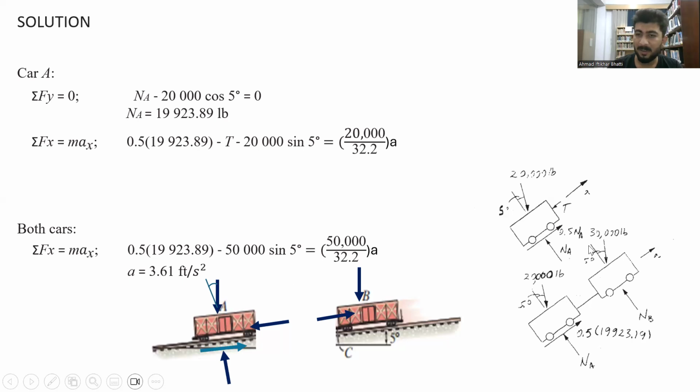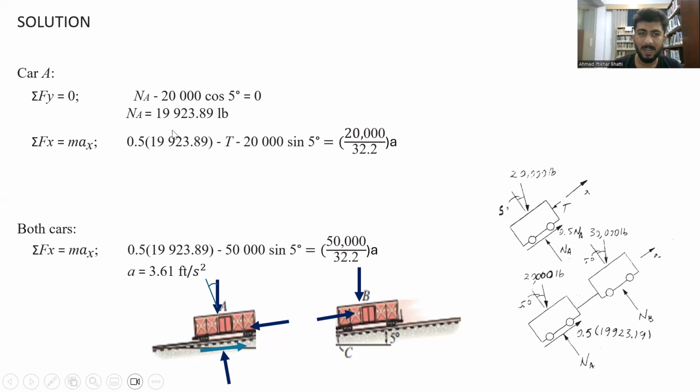And we have a collective weight that is about 50 pounds, and we have sine 5 degree. And also we have collective weight and over the force of gravity that is 32.2 multiply acceleration. So we get acceleration, which is about 3.61 feet per second square.